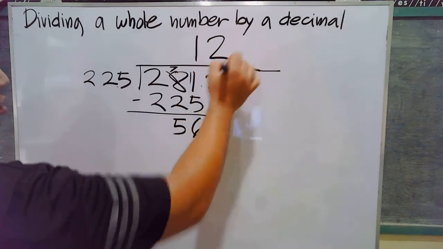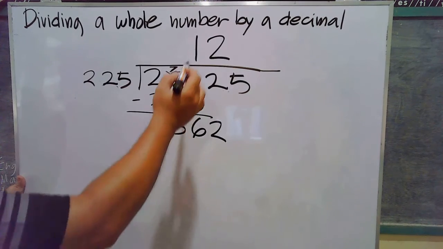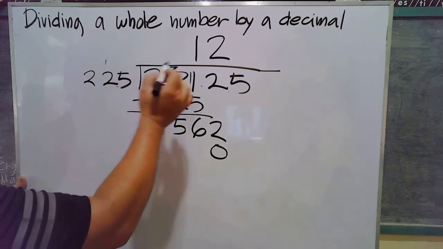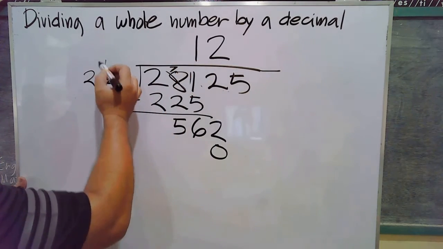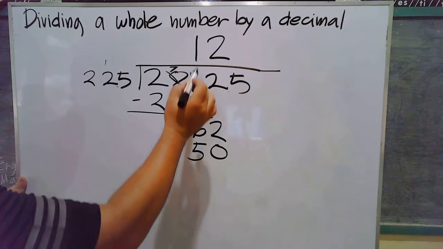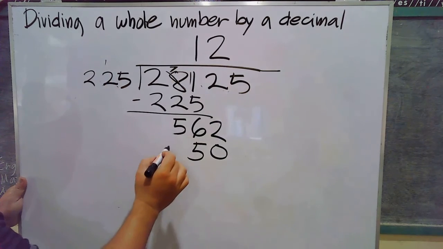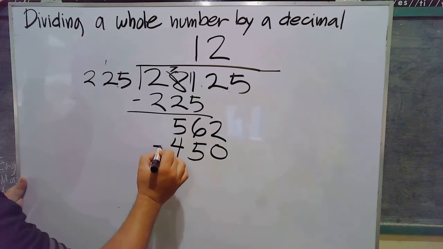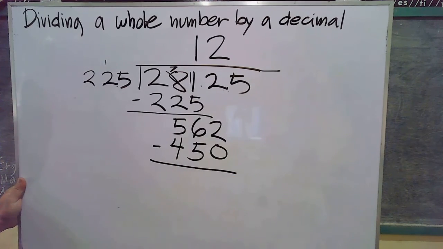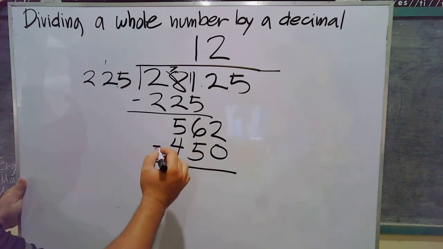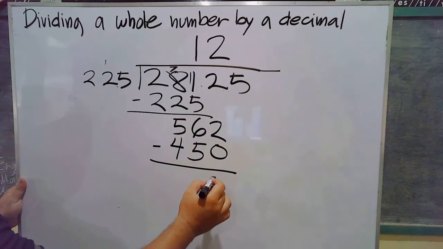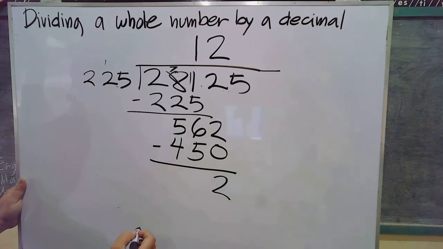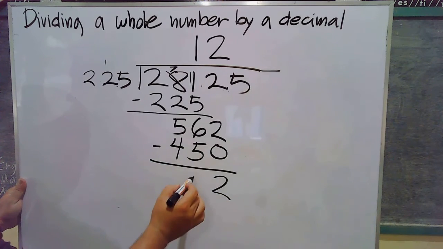Let's try maybe 2. So let's multiply. 2 times 5 is 10. 0 carry 1. 2 times 2 is 4, plus 1 is 5. 2 times 2 is 4. So we have 450. Subtract. 2 minus 0 is 2. 6 minus 5 is 1.